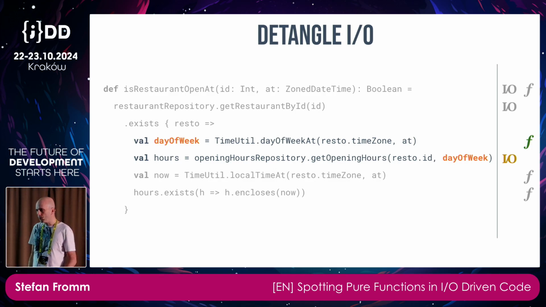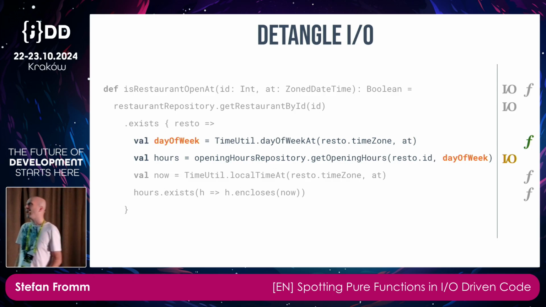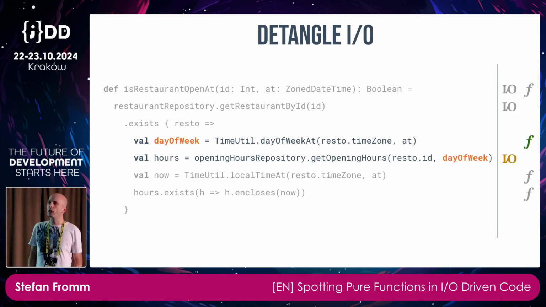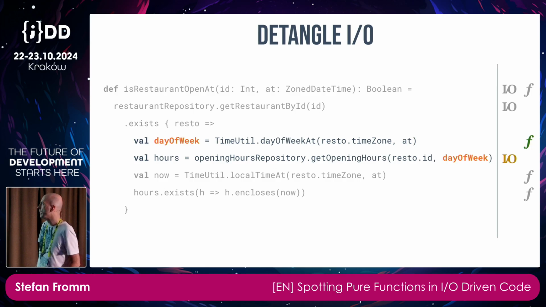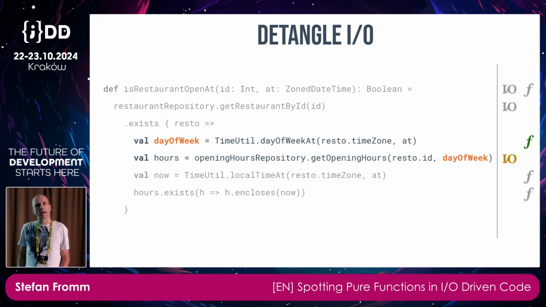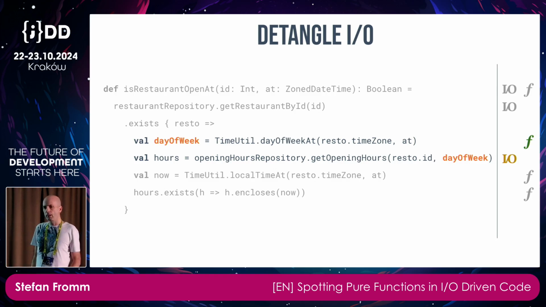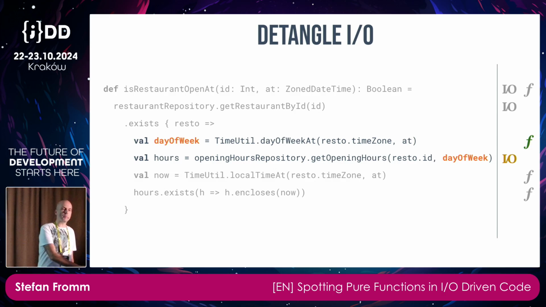And now I will do something, maybe you don't agree with me, but I assume that there are just a few records of opening hours per restaurant in the database. And anyway, if I have communication to the database, a TCP packet must be passed over from the database to my application, and maybe all the opening hours for a restaurant fit into this TCP packet. I agree to the compromise that I will get all the opening hours for the restaurant and do the filtering in my application.